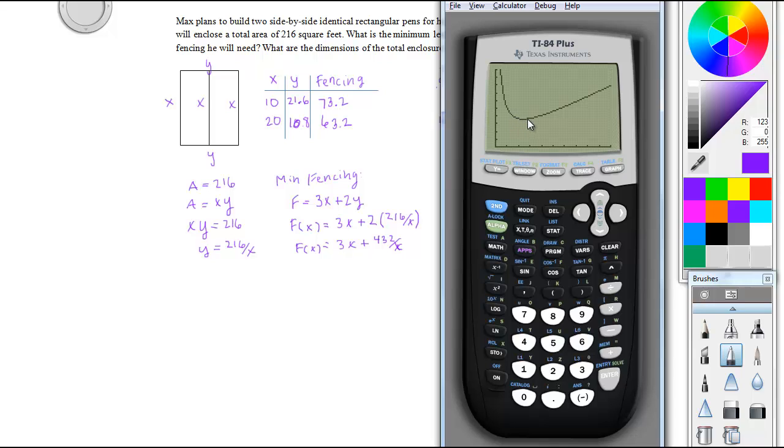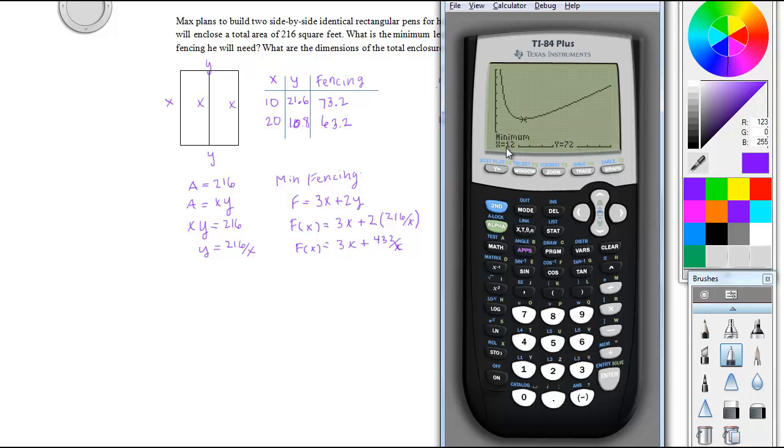Okay, so now we want to know what this point is, the minimum. So we do second, calculate, minimum, and then we have to make sure that we are on the left side of the minimum and move somewhere past the minimum to the right, and then move it close for the guess, and don't forget to press enter one more time and you'll see the minimum is 12 and 72.